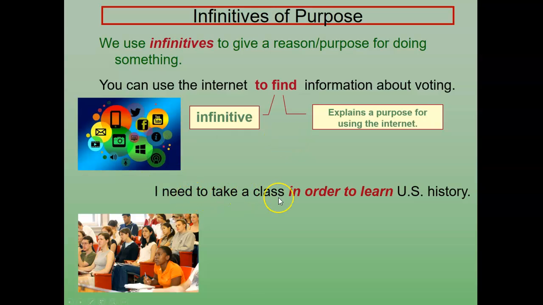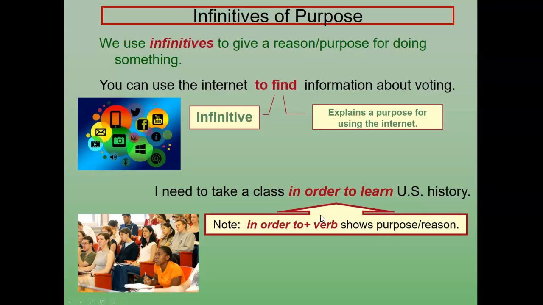I need to take a class in order to learn U.S. history. In order to learn U.S. history is the infinitive. It answers the question, why? Why do you need to take a class? So in order to plus a base form verb shows purpose or reason.